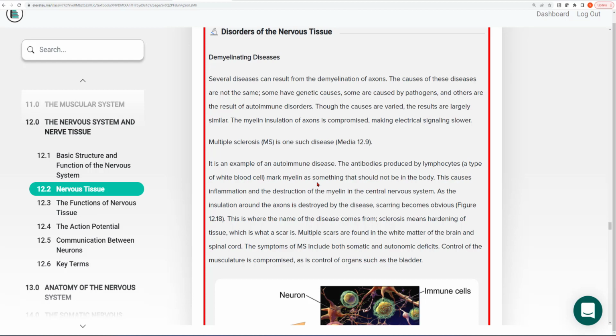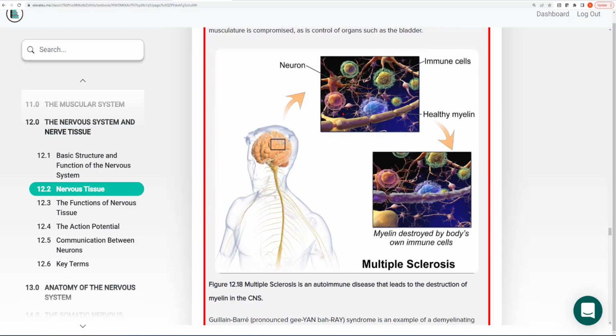All of the things that your brain controls can be affected by MS and by the lack of the myelin. And then the other name, sclerosis: sclero means hard. So the nerve tissue becomes scarred up, becomes hard, and that also contributes to the problems with conduction of the electrical signals.